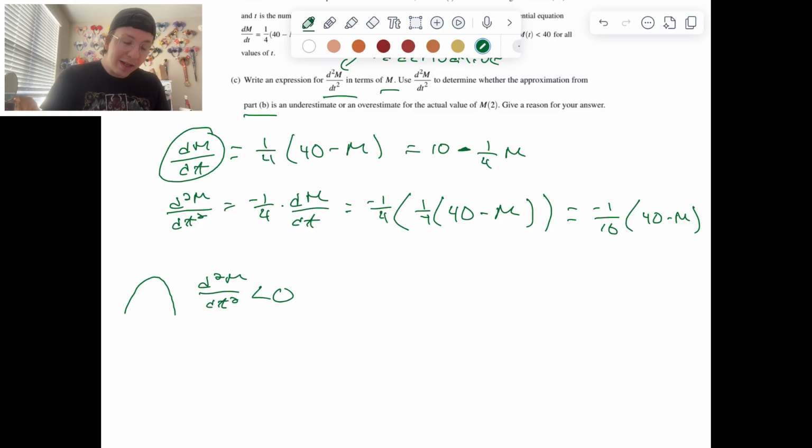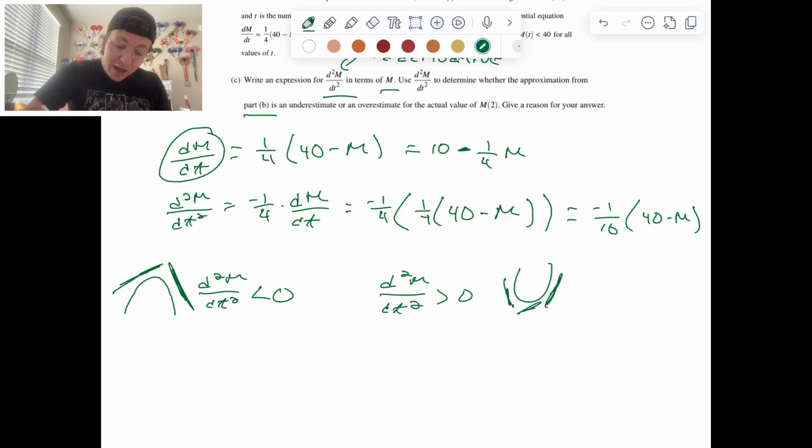So no matter what my tangent line is, anywhere here, if it's concave down, it's always going to be an overestimate to our curve. It is the opposite if my second derivative is positive, aka concave up. Therefore, whenever I draw that tangent line, it could be any one of those values, it's always going to be an underestimate. So we have to figure out what our concavity is at this time.